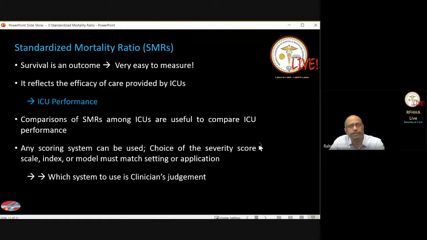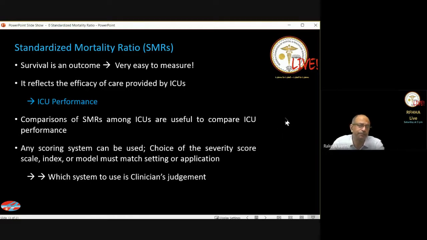So any scoring system can be used. Choice depends on the severity scoring scale system, the index, or the model that must match the setting and application. I have just made this statement. I'm not going to explain too much about it, but just please understand that the different scoring systems are applicable to different settings. For example, there is a scoring system called PRISM.